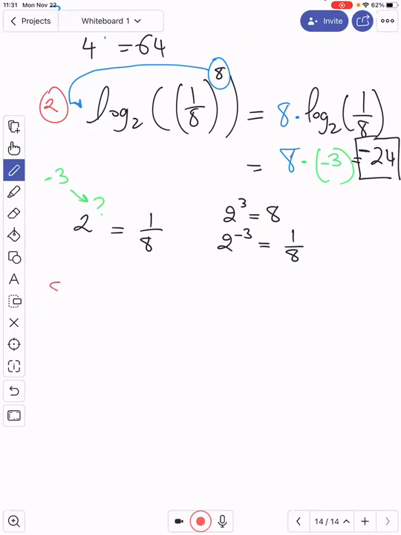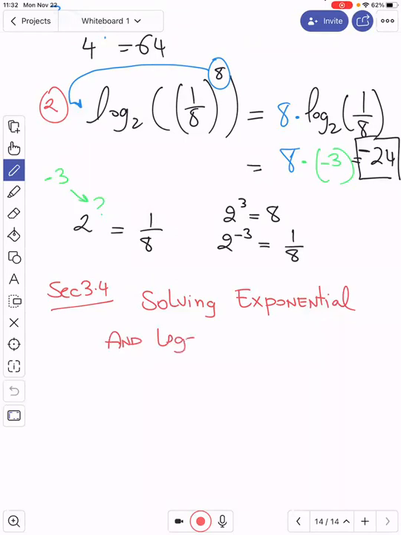This is 3.4. We're going to use all these formulas to solve exponential and logarithmic equations.